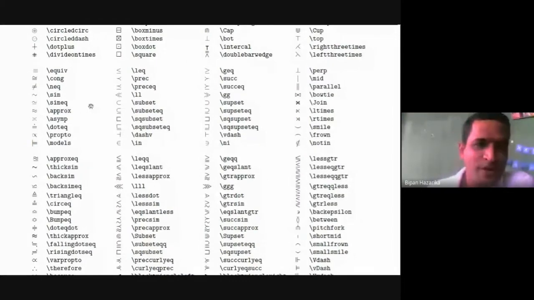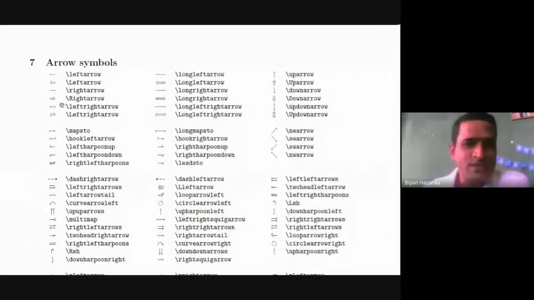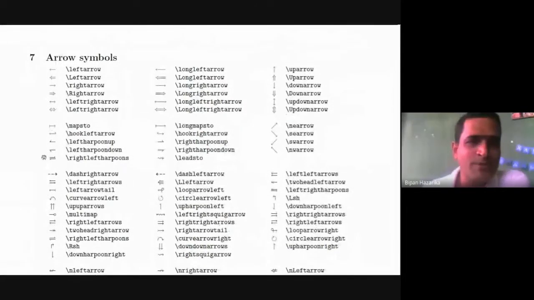So these are different operations. Then arrow symbols. How can you get different arrow symbols? If you write left arrow, that is the shorter form. If you write long left arrow, the arrow is slightly longer. Similarly, in place of left, if you write right, you get the right arrow.